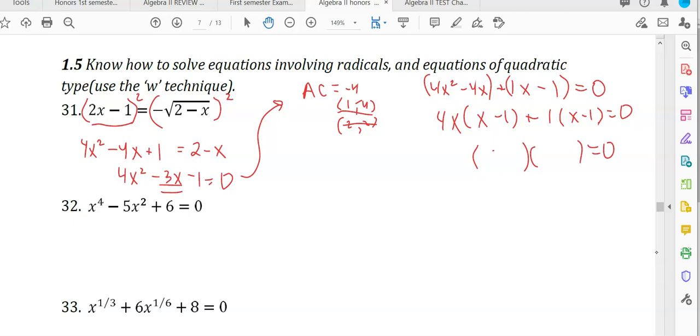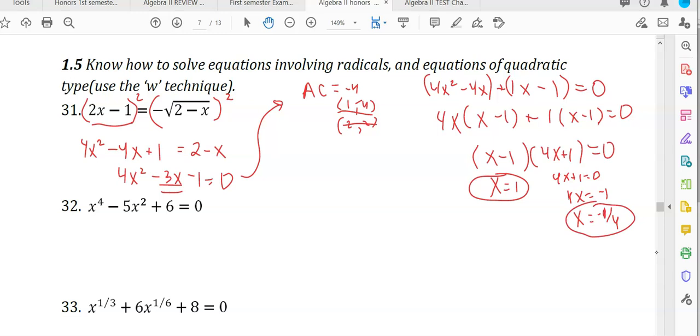So one of them is going to be x minus 1, and one is 4x plus 1. So I get x equals 1, and 4x plus 1 equals 0. So 4x equals negative 1, so x equals negative 1/4. Put the 1 there. And I think that's what you get.